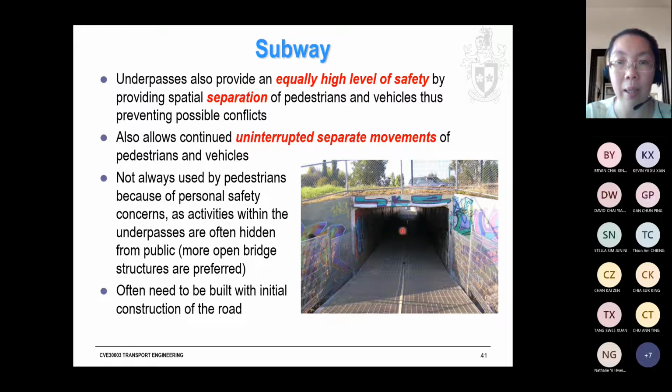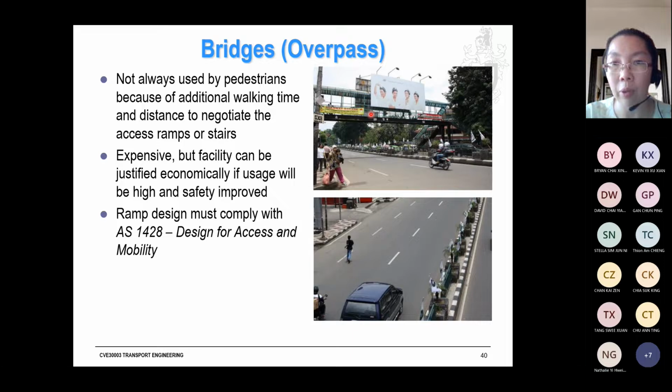You can't really see what is happening, and vehicles can't see what is happening here. So this is sort of hidden, and therefore personal safety concern is an issue. With overhead bridges, if we make them without banners, then we would still be able to see what is happening.